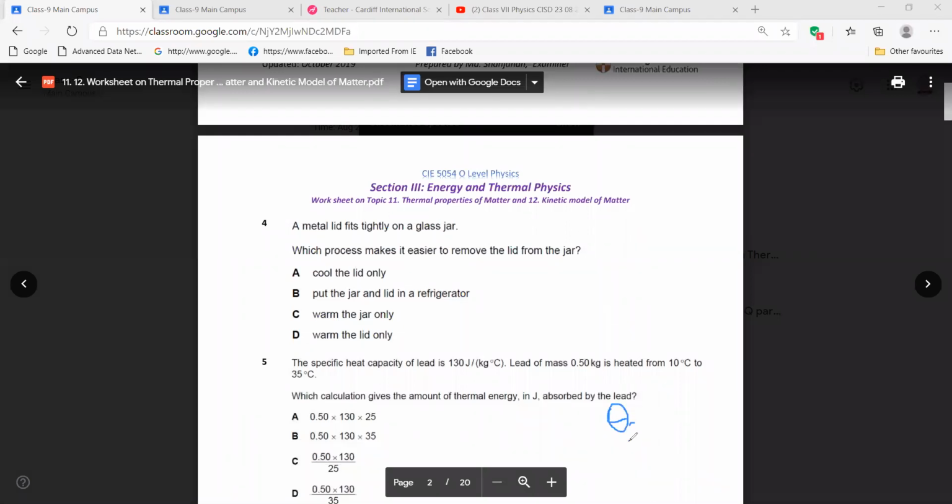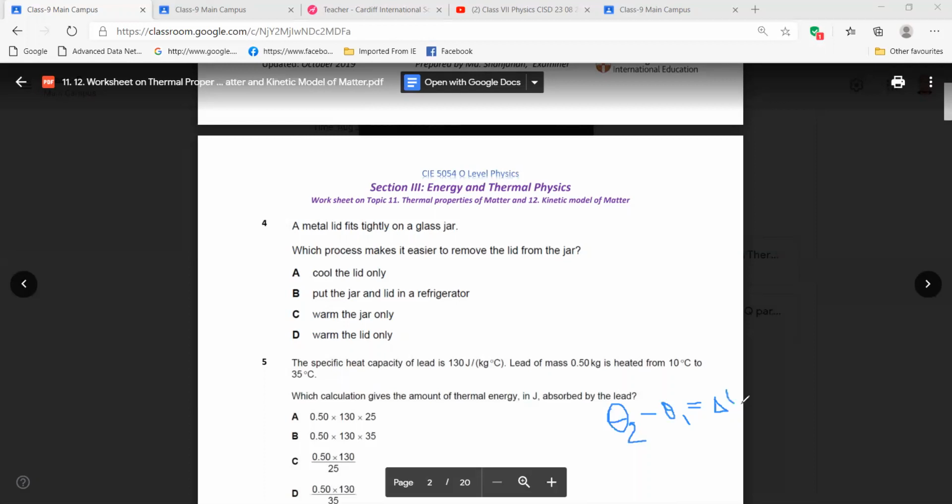Sir, I have a confusion, sir. Sir, I think it is big C. No, it is small c, specific heat capacity. If it is heat capacity, then big C. Oh, yes.